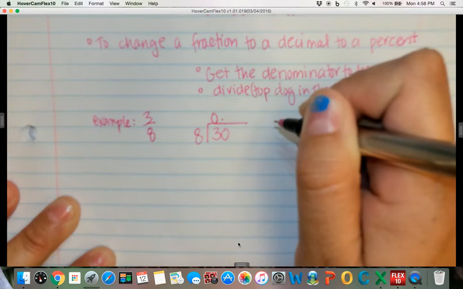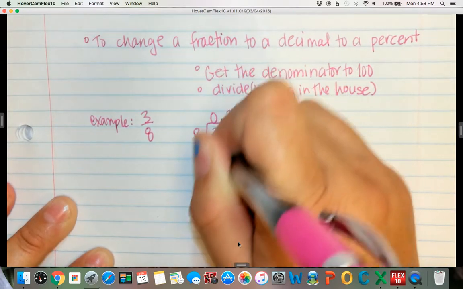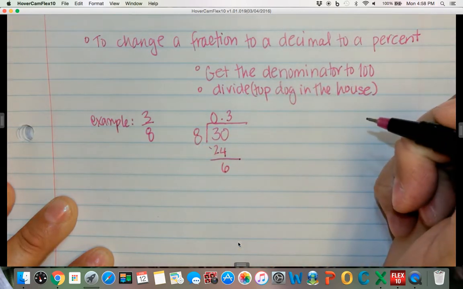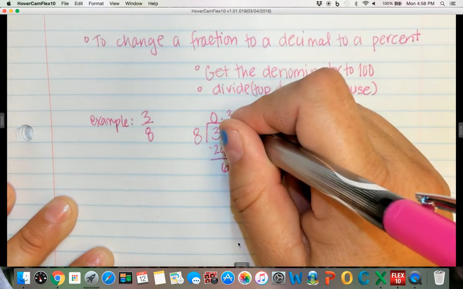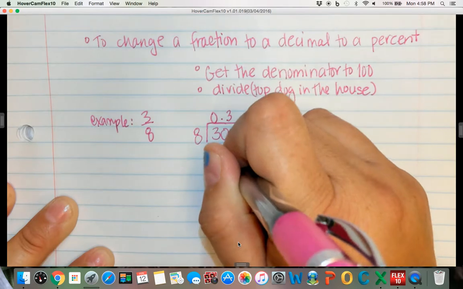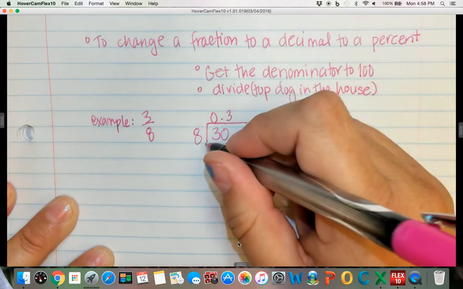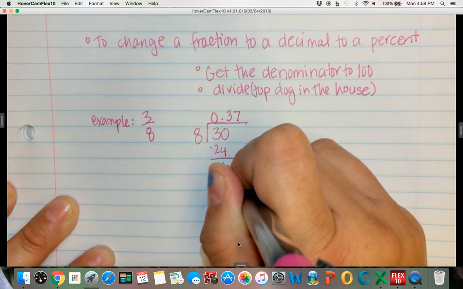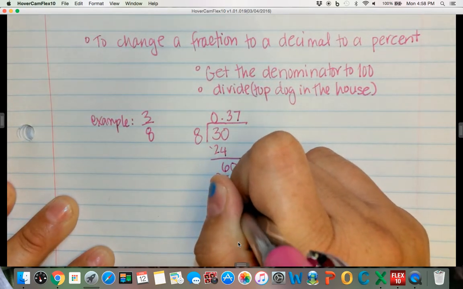8 does go into 30 3 times, which gives us 24, with 6 left over. Because I have a decimal here already, I can add a 0 at the remainder. 8 goes into 60 7 times, which gives me 56, and 4 left over.